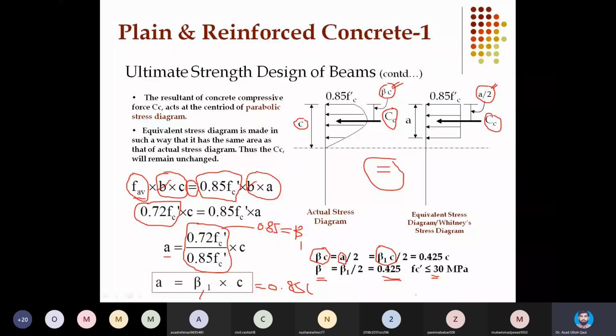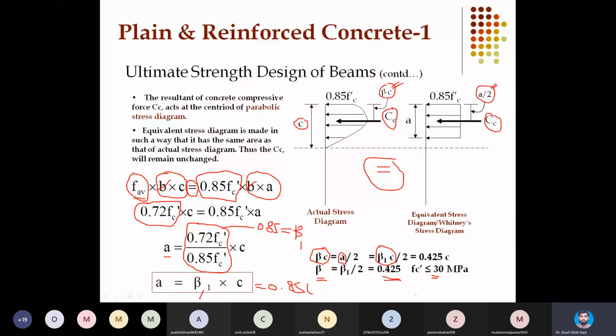So in this way, Whitney proved that for concretes up to 30 megapascal, a is equal to 0.85 c and beta is equal to 0.425, which is half of beta 1. Not only the magnitude but also the point of application will be equal.